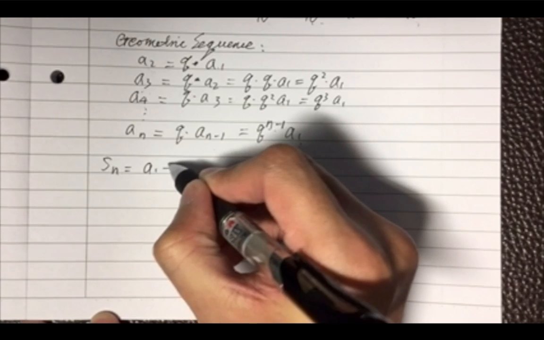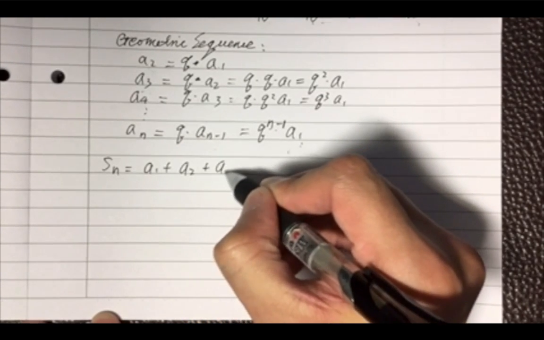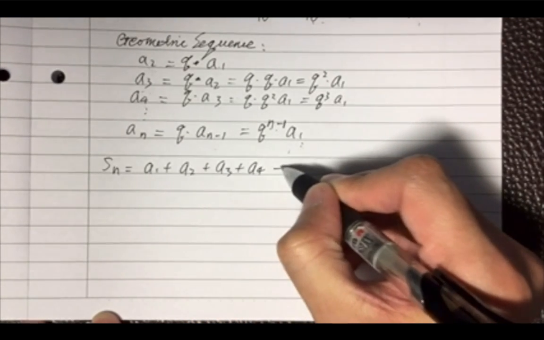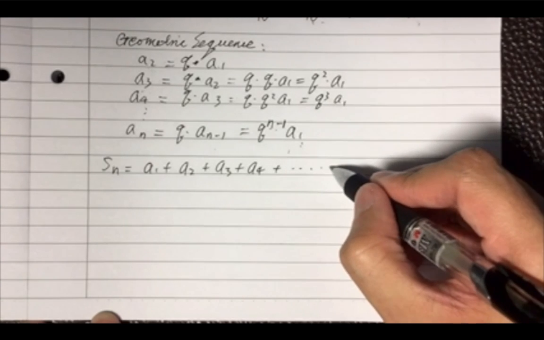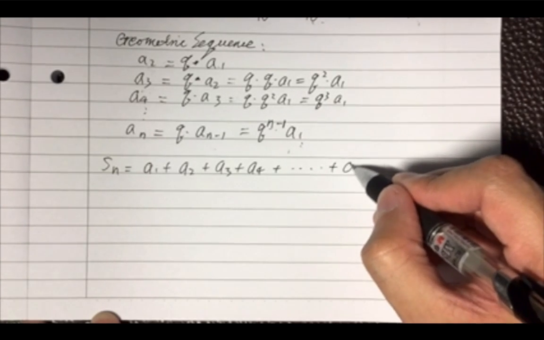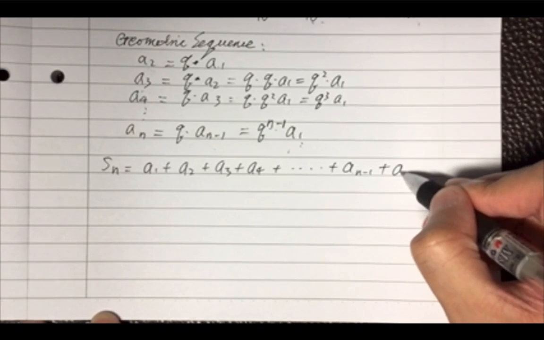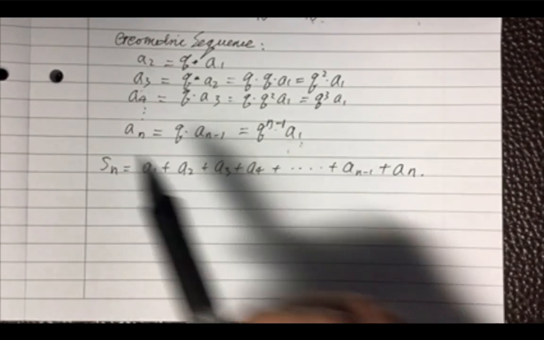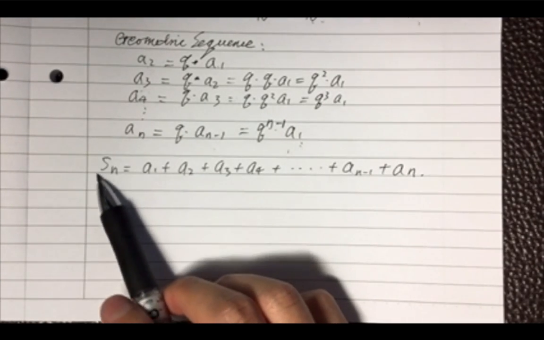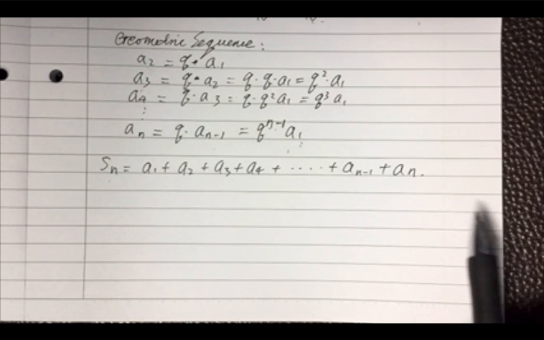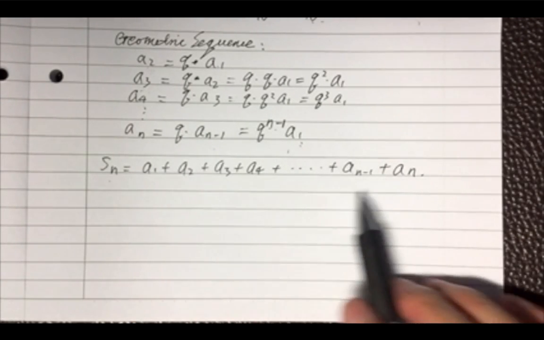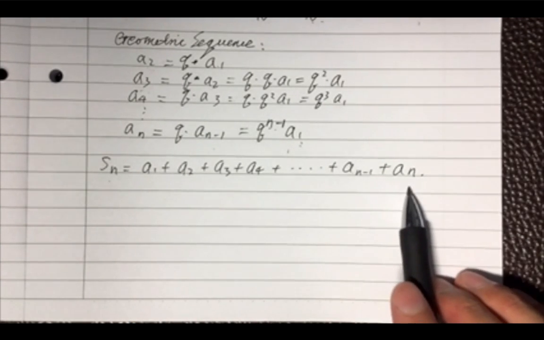It's A1 plus A2 plus A3 plus A4 plus dot dot dot until you get A(n-1) plus An, right? Because you note the S n has the summation of all, so there are n terms, and the last term will be An.